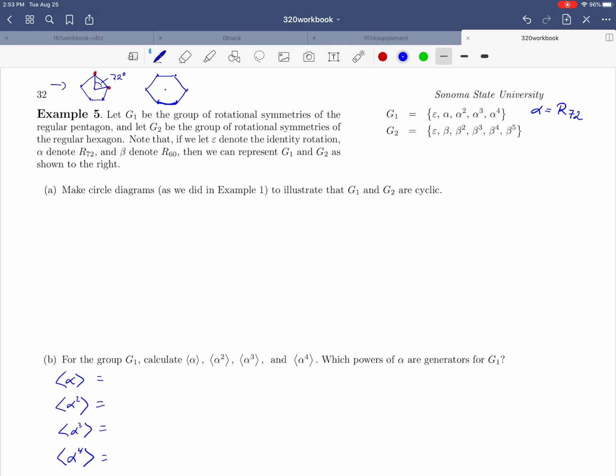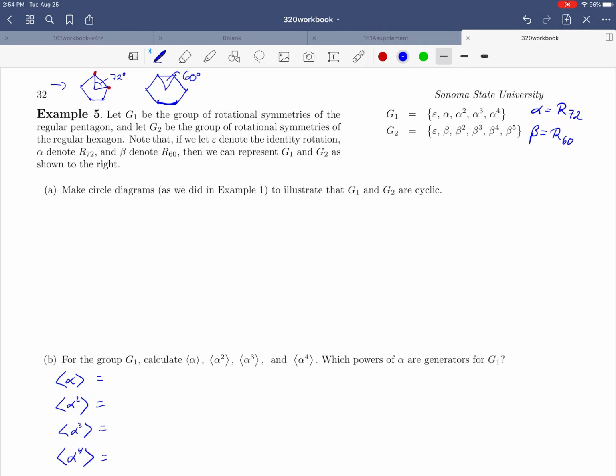Similarly for the hexagon, we can rotate it by 60 degrees and get our same hexagon back, so let beta be a rotation by 60 degrees. If we just name those two rotations, then we can describe all other rotations as powers of them.